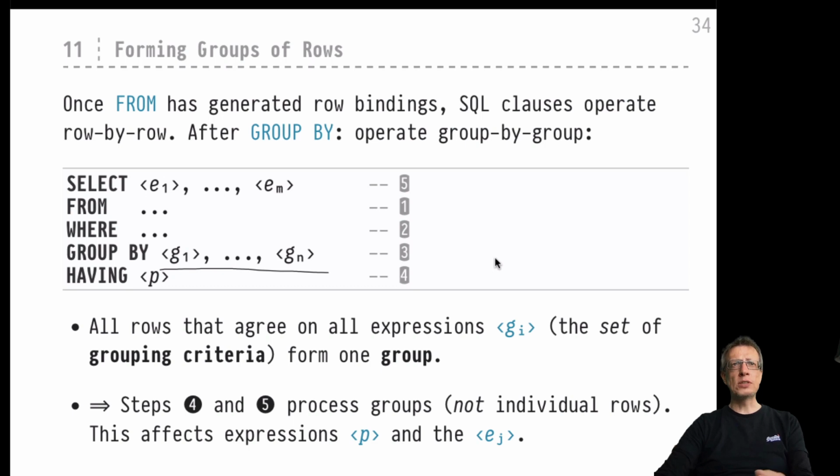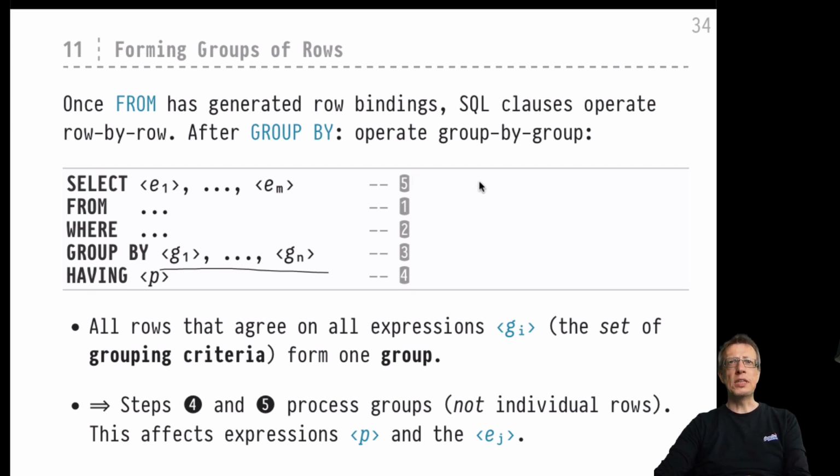And all rows that agree on all n grouping criteria form a single group. From then on, these rows agreeing on these n grouping criteria form one entity and are passed together into the HAVING clause and then together as one group into the SELECT clause.